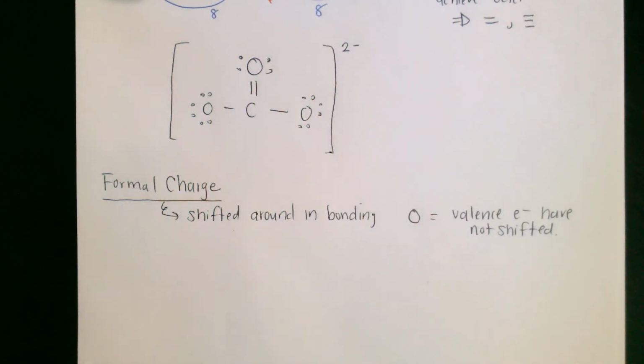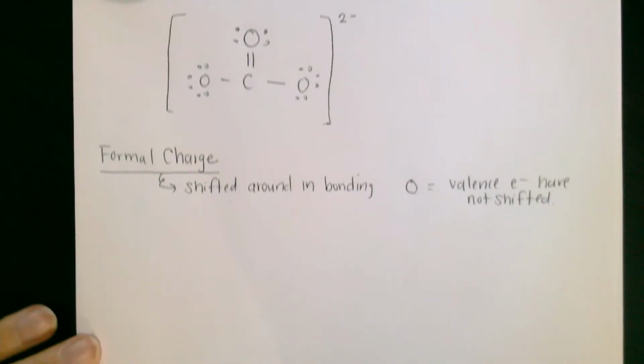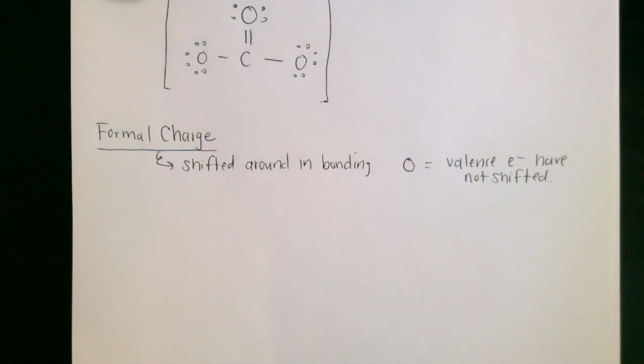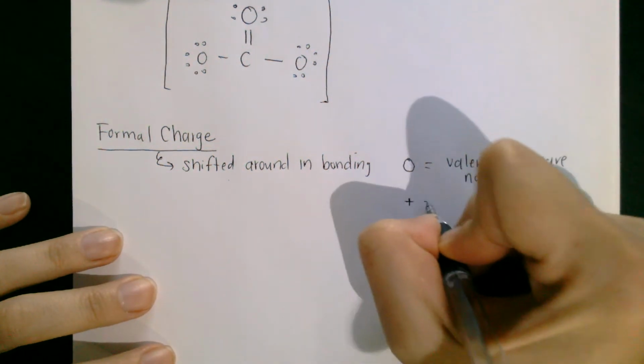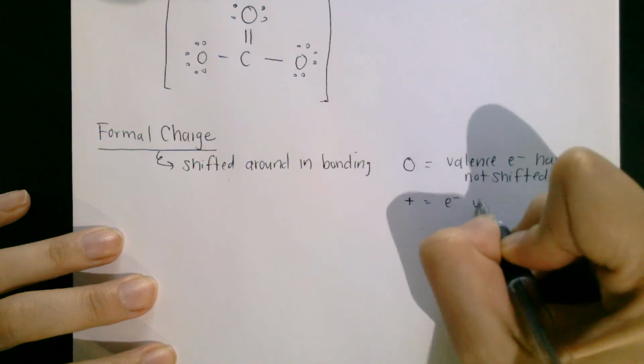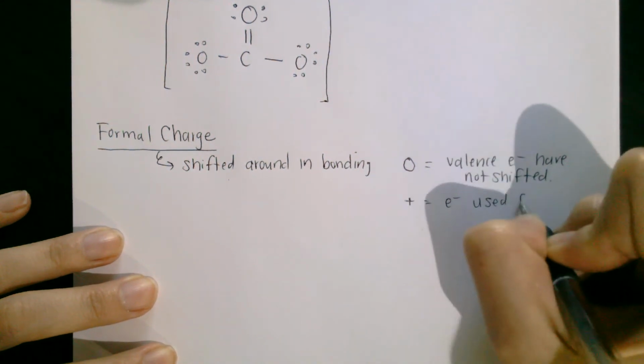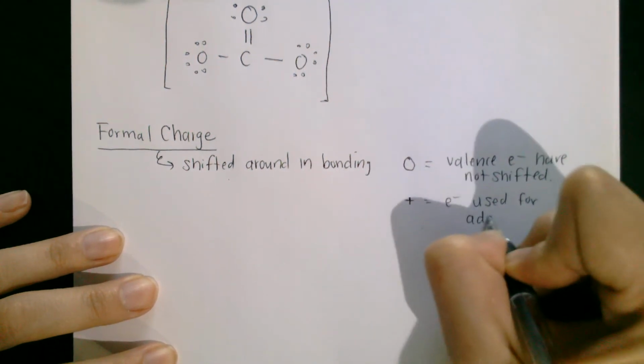Okay, we can have positive. For example, a +1 formal charge means one of your valence electrons was essentially taken away to form some sort of bonding. So positive formal charge, electrons used for additional bonding.